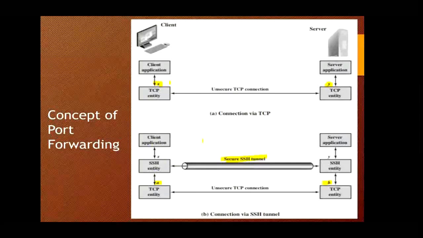The traffic from the client X is redirected to the local SSH entity, and it will travel through the tunnel, where the remote SSH entity delivers the data to the server application on port Y. So instead of using the insecure TCP connection directly, we have the secure SSH tunnel with an SSH entity at both the client and the server side.